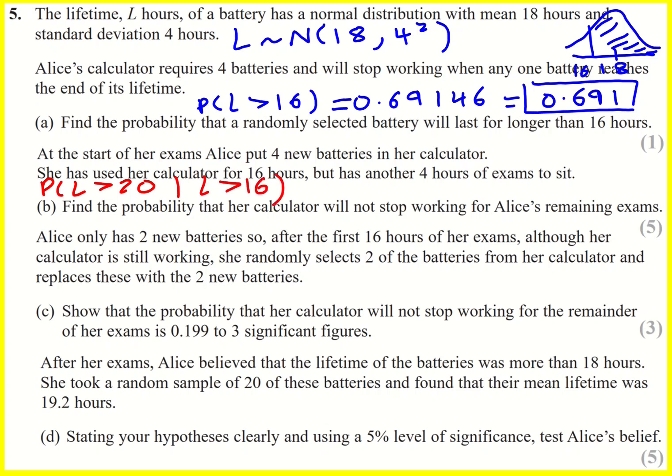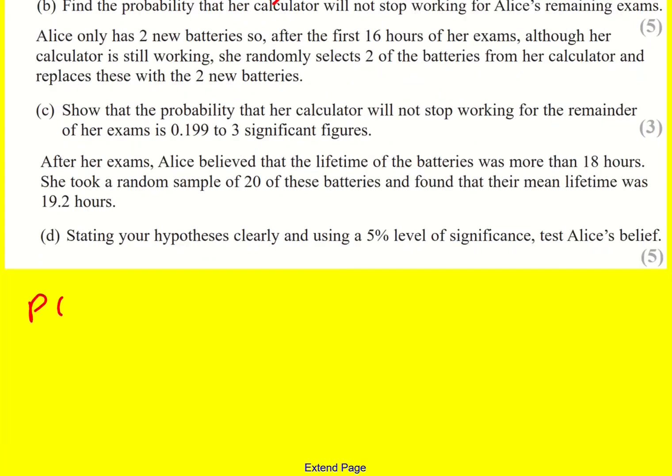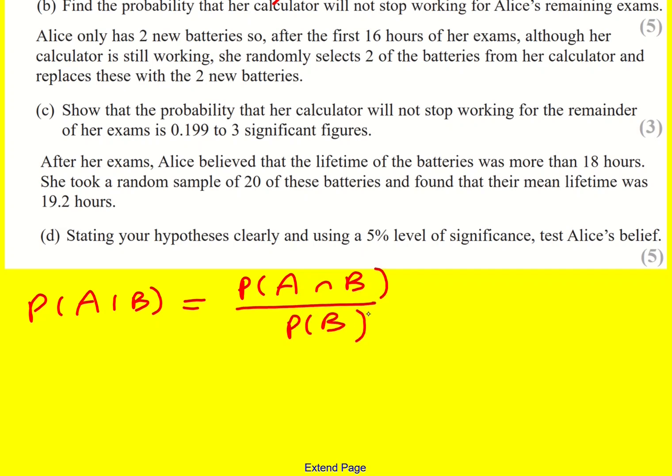Now this is the probability for one battery, so we are going to have to bring in the fact that it's going to have to apply for all 4 in a minute, but let's just deal with one for the moment. Now remember the conditional probability formula, actually it's given in the formula book. Probability of A given B is the probability of A and B divided by the probability of B. Because we've reduced the sample space, B has happened, so we can ignore where B has not happened.